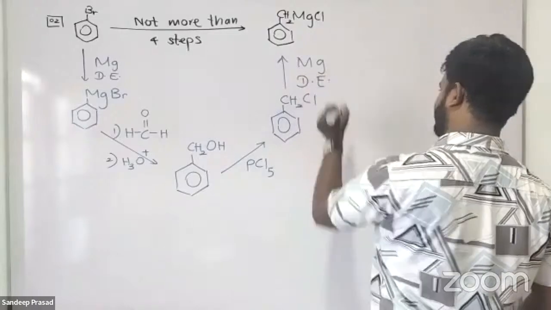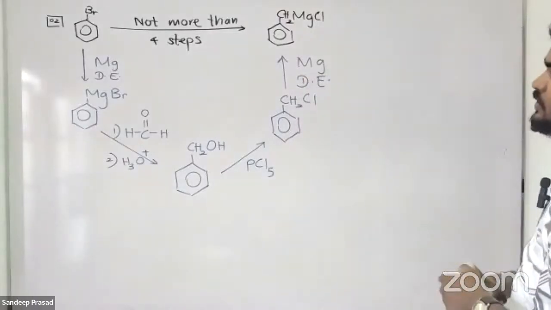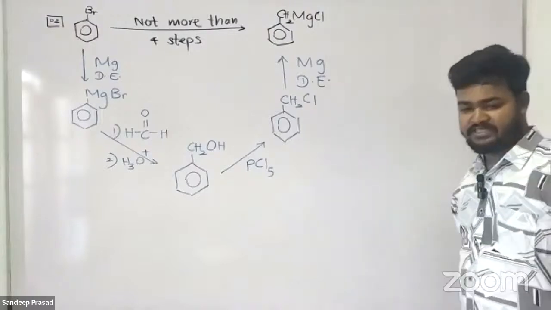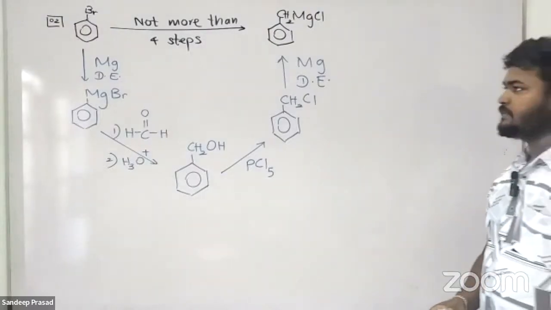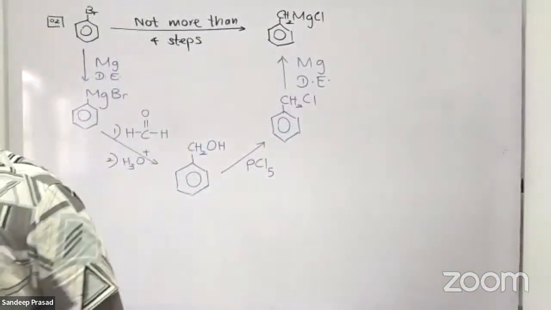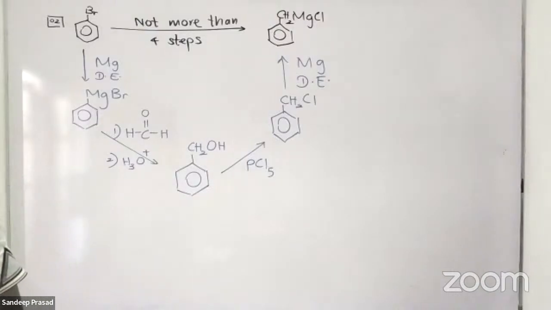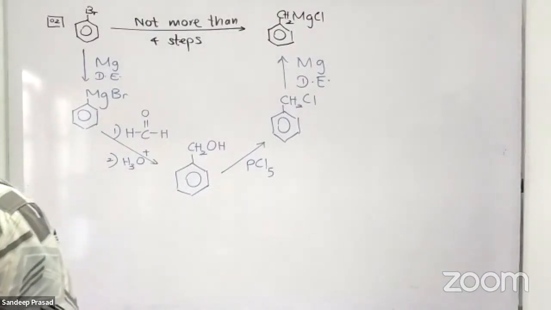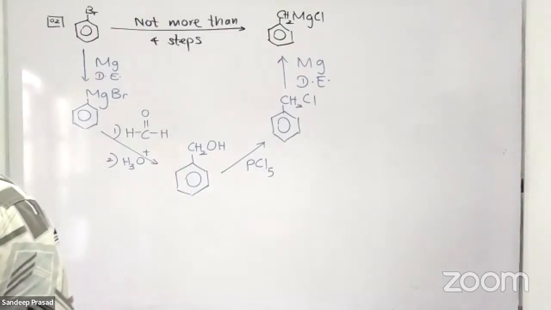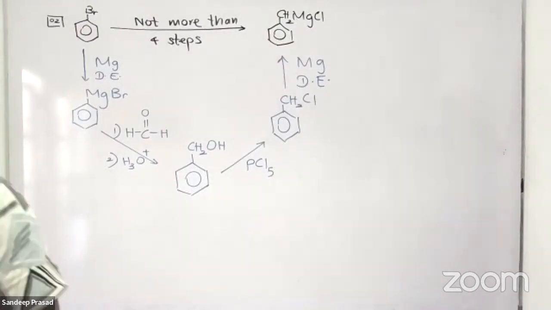So we started this conversion using magnesium and dry ether, and we ended this conversion using magnesium and dry ether. Interesting. These two are the conversions I gave you as homework related to the 3 reactions we learned in the last session. That's very easy.